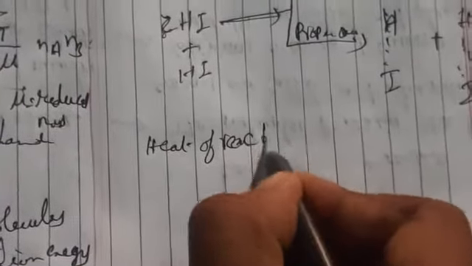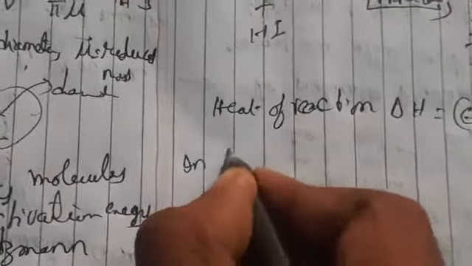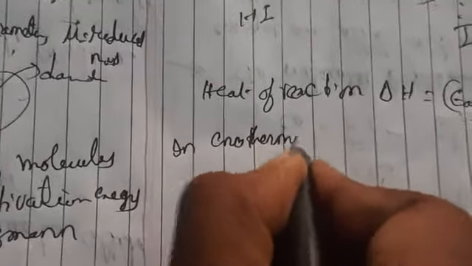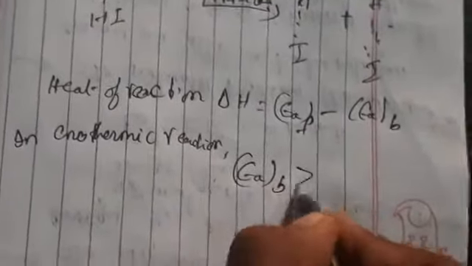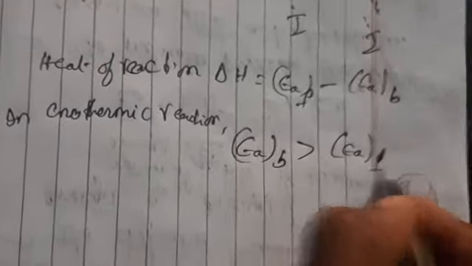In an exothermic reaction, the activation energy of the backward reaction is greater than the activation energy of the forward reaction.